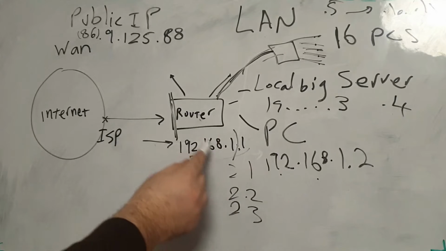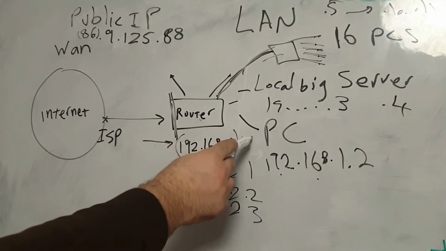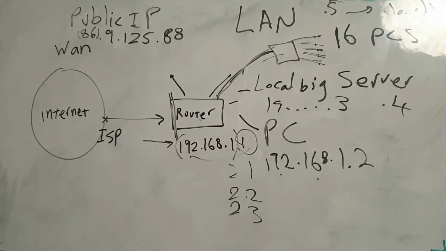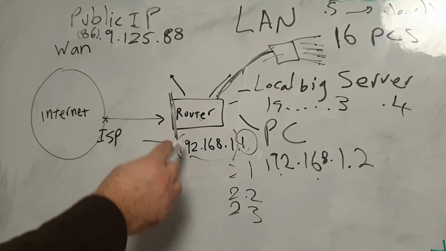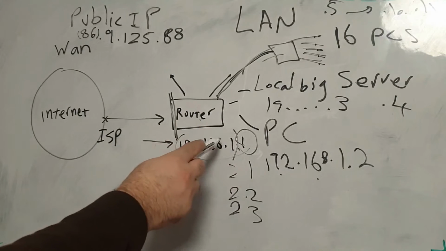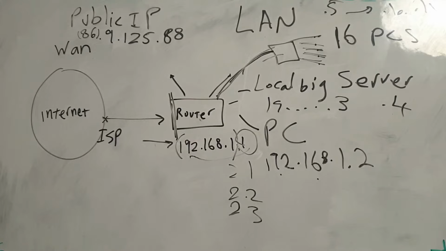So the first three parts normally stay the same, and the last number changes from your router number. Sometimes you might see strange settings in the routers, where even though the router is taking .1.1, it's just allowing the systems to take from .1.100 above. Well, that's a setting within your router, and normally you can change it.